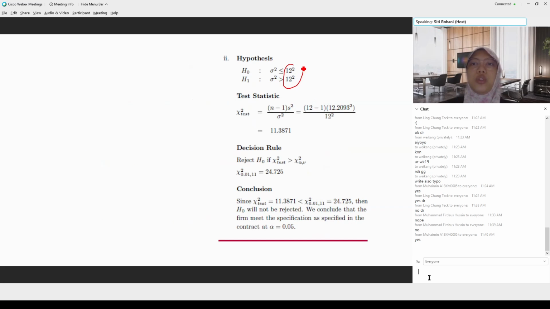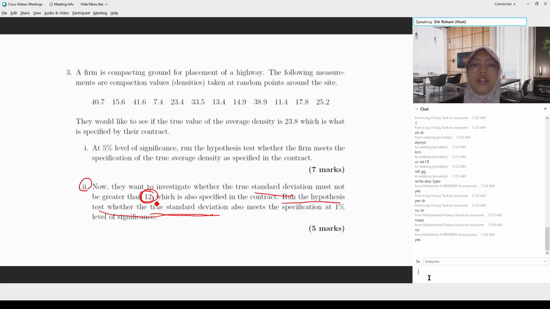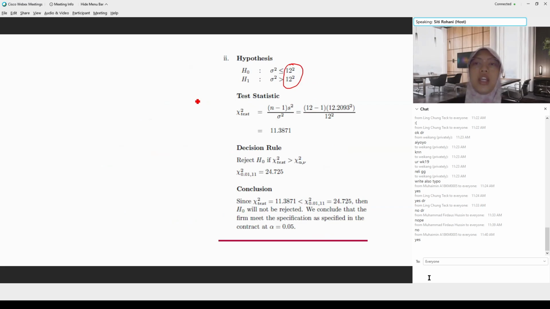However, you need to square your standard deviation, since the value is given for standard deviation. So that's why you need to square your standard deviation for this hypothesis statement. Okay, and then don't forget to square this one as well.